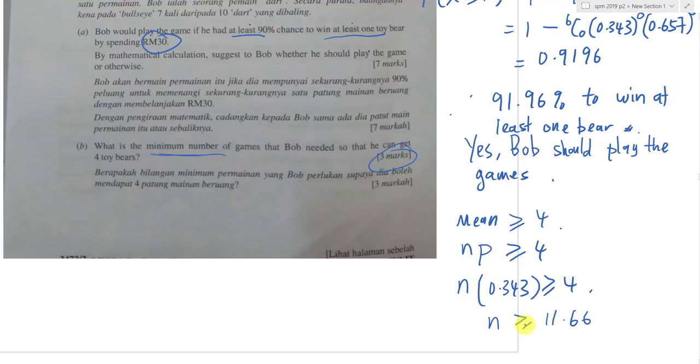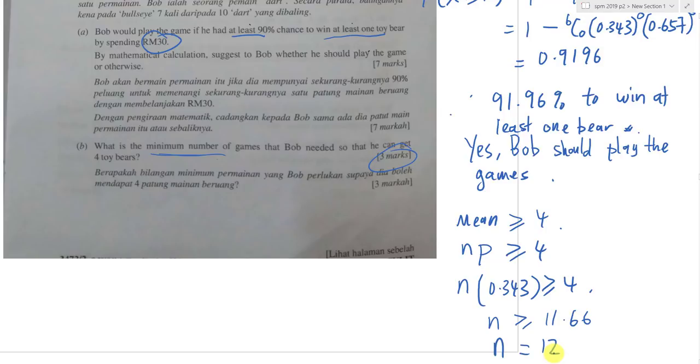Therefore, if you ask me about the minimum number, because games cannot have decimals, it doesn't make sense. So I would just say, okay, the minimum number is 12 games. If you ask me, can I choose 13, 14, 15? Yes, you can. But the question asks you about the minimum number. So the minimum number, I will choose 12. That means any number more than 12, definitely I will win 4 bear.